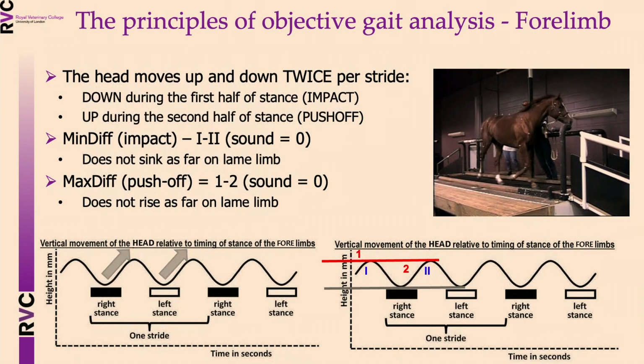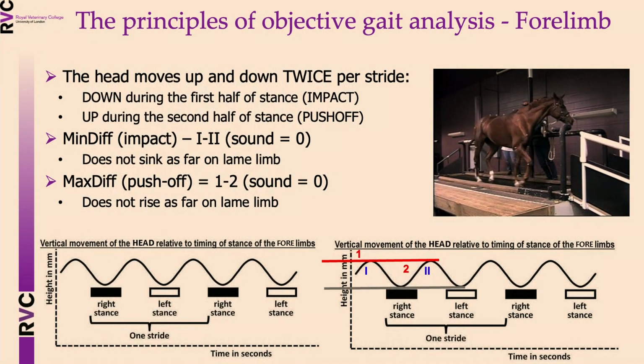And this is known as the push-off phase. So the lowest point here, as you can see, is what we call the min-diff, which is the difference between the low points of this graph.